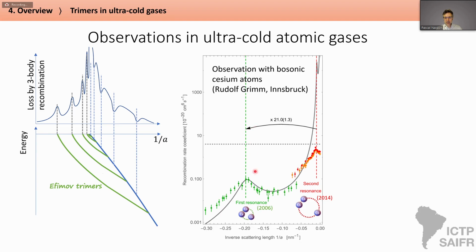And very interestingly, if you take the ratio between the location of the scattering length for this resonance and the scattering length for that resonance, it turns out to be 21.0 plus or minus 1, which is, within the experimental uncertainty, close to the theoretical value of 22.7, or it's at least very close.